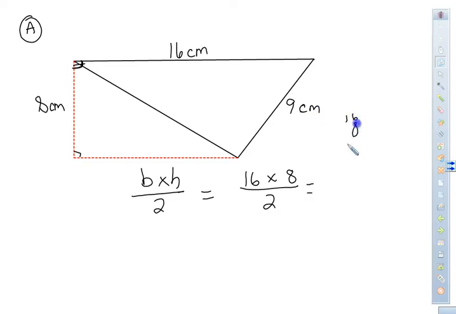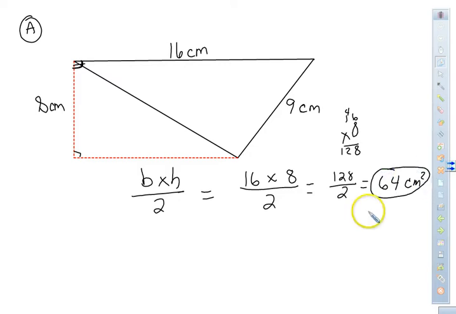So 16 times 8, you get 128. We're going to divide that by 2 to get 64, and it is centimeters squared, square centimeters, because we are dealing with area. So that's the first part, just simply going through those steps.